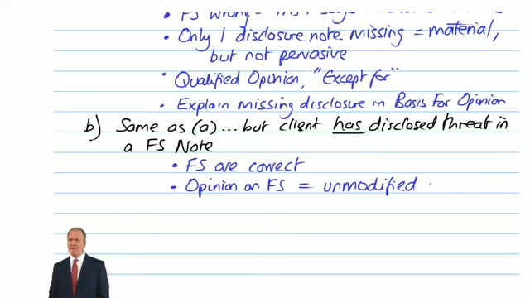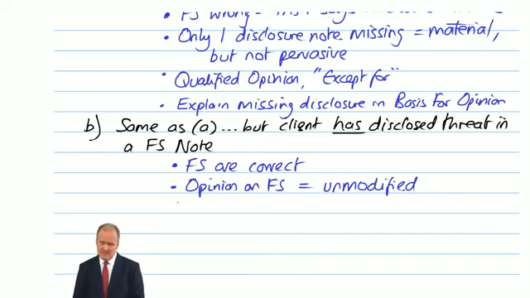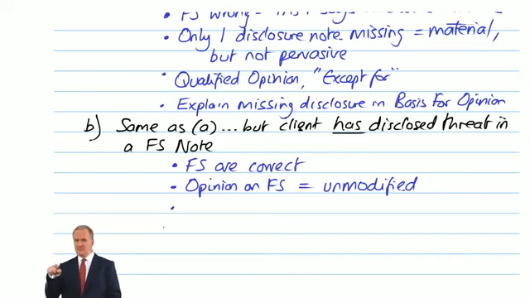Meaning, all I've now got to do is ask, are any of those 3 extra paragraphs required? And the answer is yes, because we have got a correctly disclosed material uncertainty relating to going concern.